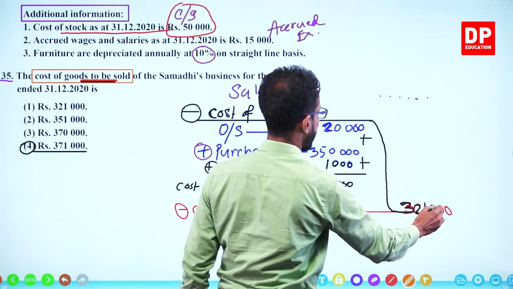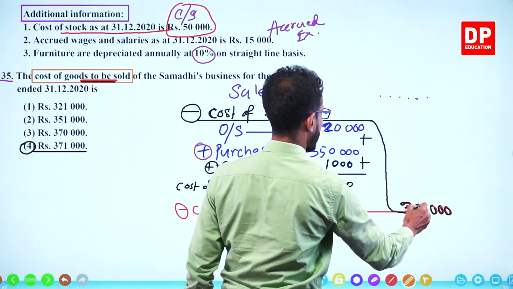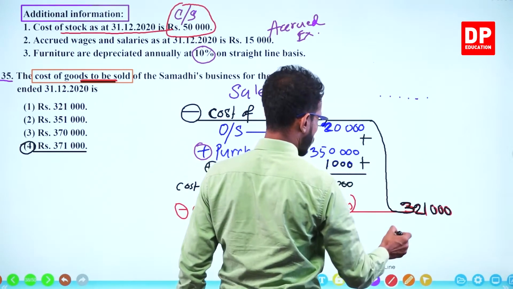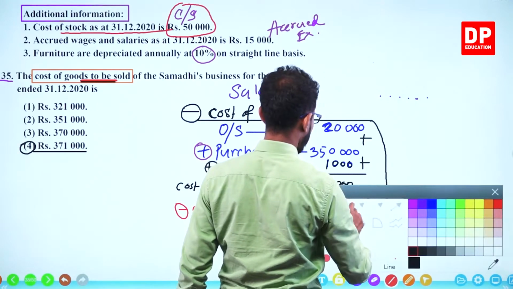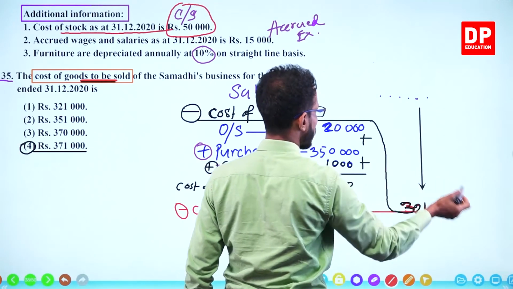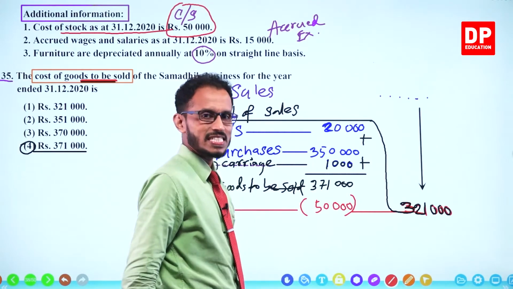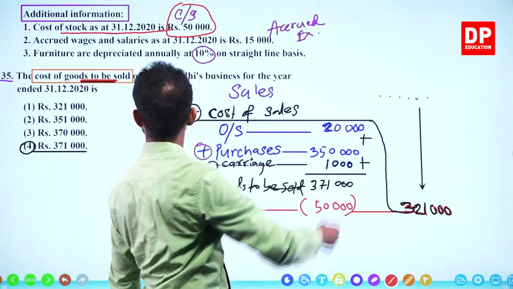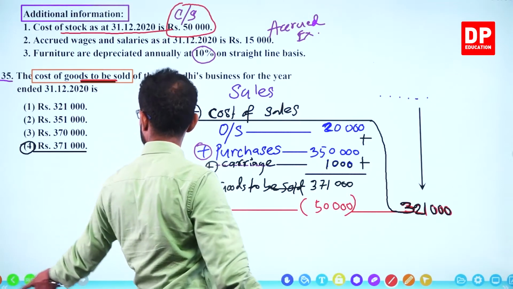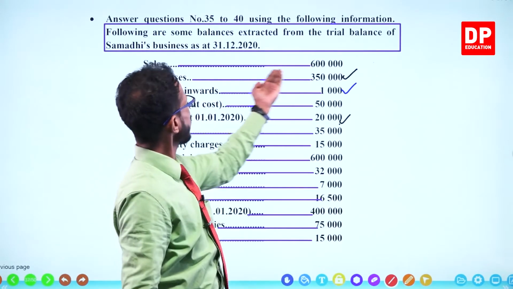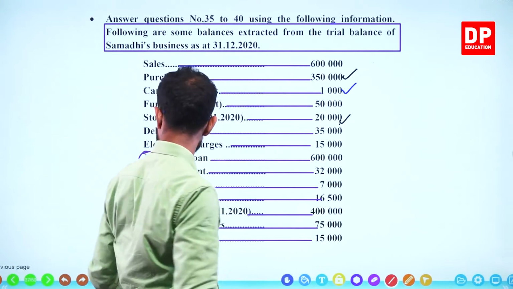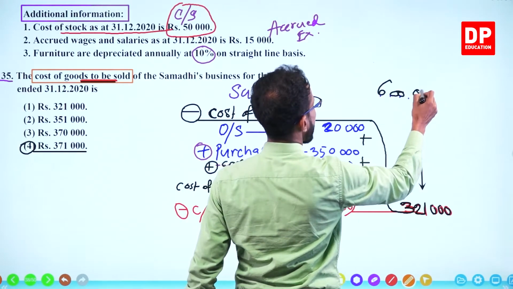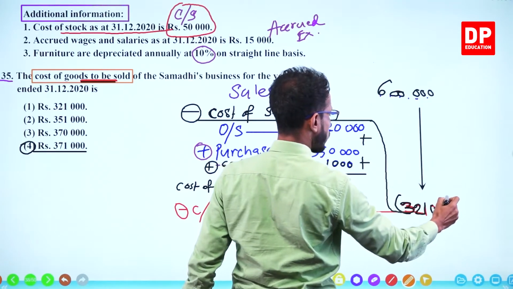321. You minus cost of sales from sales and you get gross profit. What is the sales figure? That's why I wrote sales on top. Now we have to find how much is the sales figure. Sales figure is 600,000. It is given. You put 600,000 here and subtract 321,000.